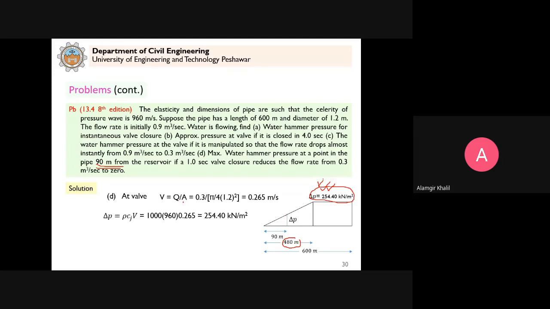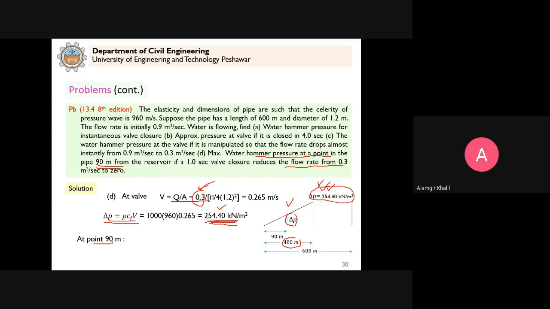So for that we calculate the velocity for 0.3, and now we calculate the pressure delta P, that is equal to 254, because the maximum water hammer pressure at the point in the pipe 90 meter reduces the flow rate from 0.3 to 0. So for 0.3, the maximum pressure that can occur is this. So now we can compare, from similar triangles.